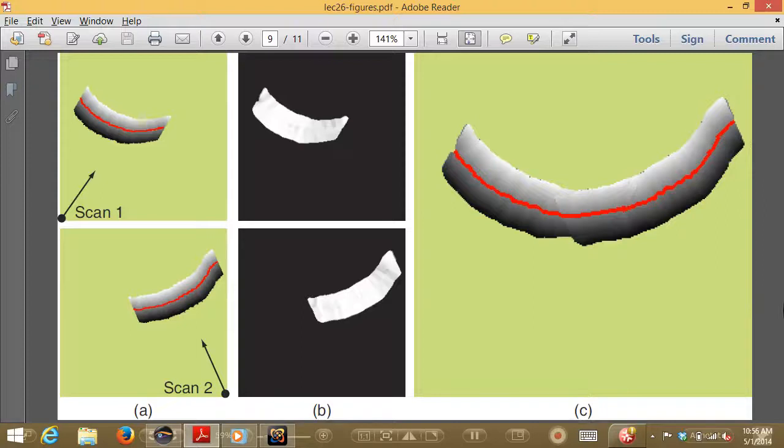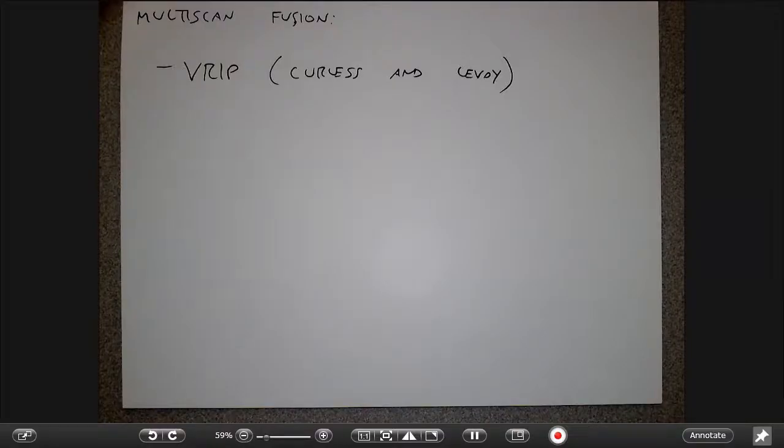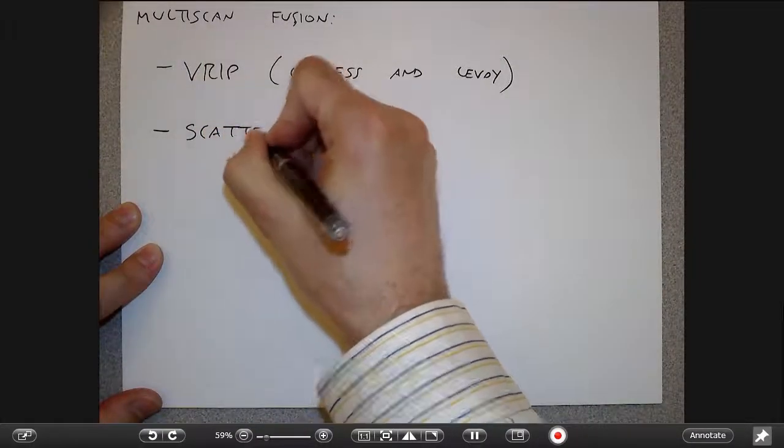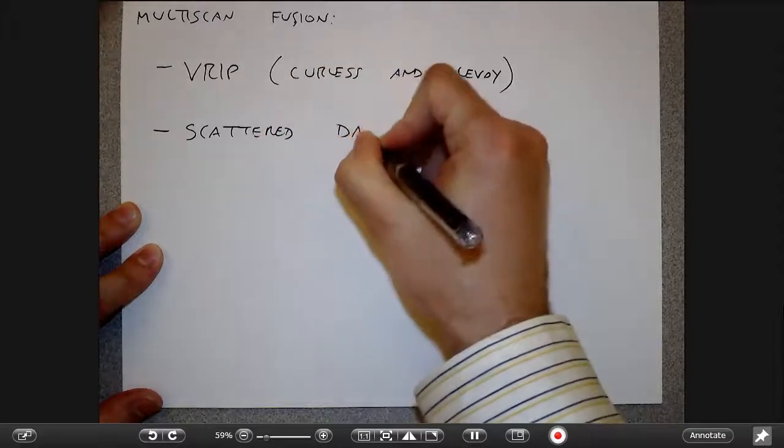Another thing that you could use is similar to the scatter data interpolation ideas that we talked about way back in chapter 5, I guess. An analogy to that in 3D is the following.